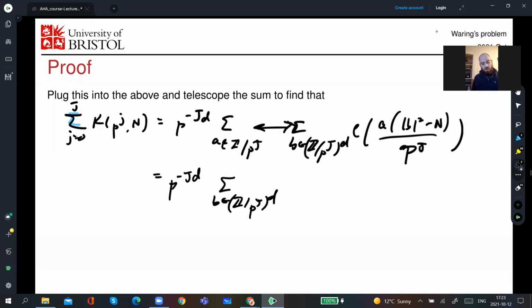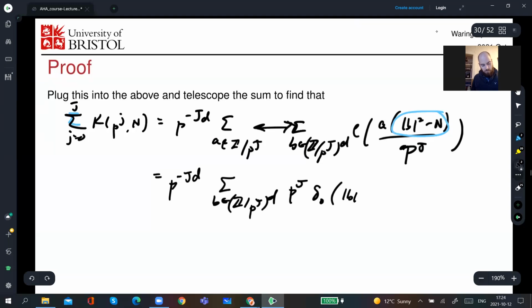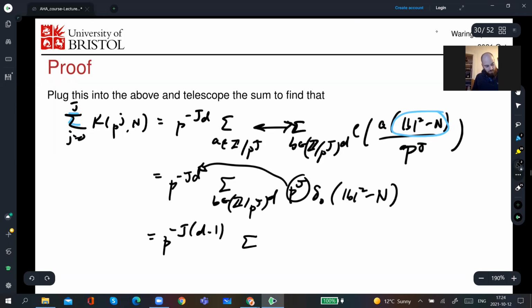I pick out whenever this criterion is satisfied, but I do that p to the J times. So this is p to the J times delta naught of b squared minus n, which gives p to the minus Jd minus 1. And that sum.